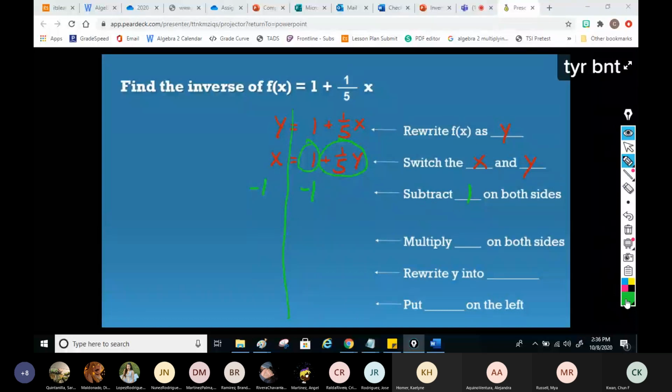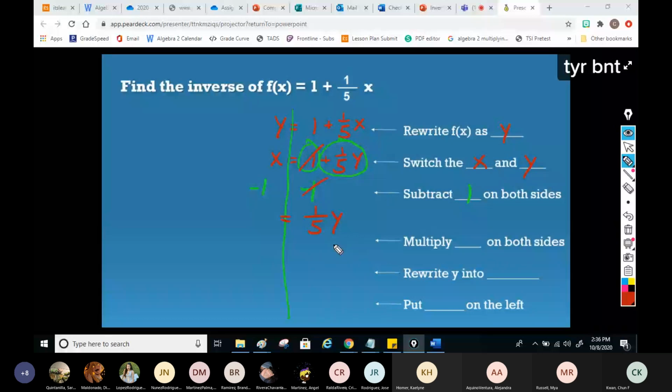So you will subtract 1 on both sides. And then after that, the positive 1 and the -1, they will cancel out. You have just the 1/5 times y, okay?